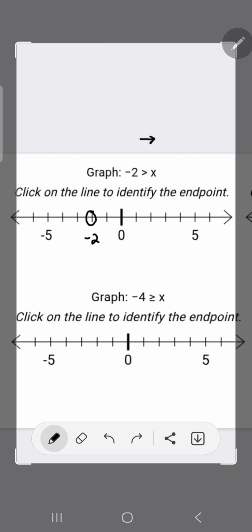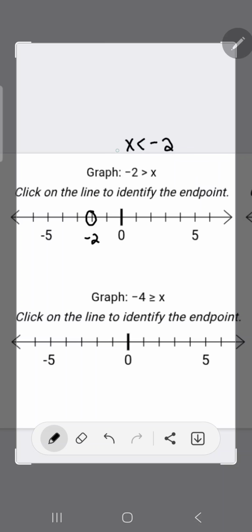So what I want you to do for these problems is when your variable is on the right-hand side, before you graph, move your variable to the left-hand side, move the number to the other, but make sure the arrow is still pointing towards the variable like it is in this problem. You want to make sure you keep this the same, the open end going to the -2.